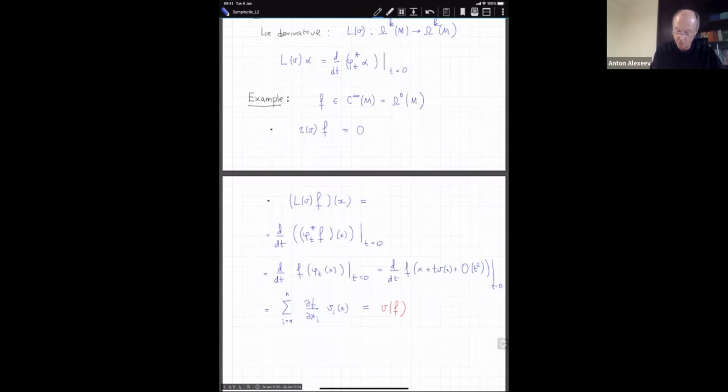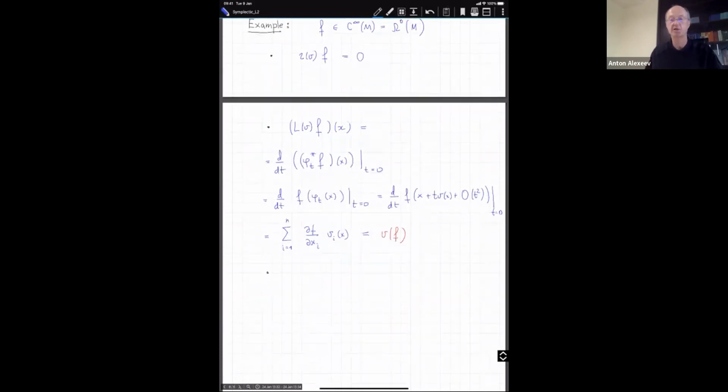Finally, let me do one more calculation and end up with the main theorem of the Cartan calculus. So I will also do iota of v applied to the de Rham differential of f.